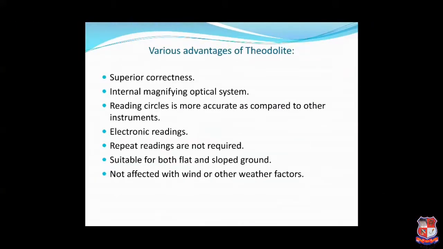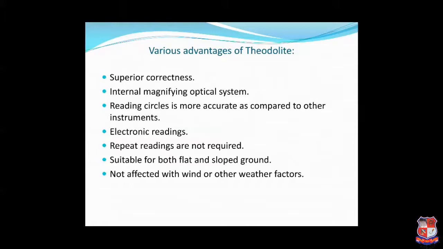So what are the various advantages of the digital theodolite? Its superior correctness: it is a quite accurate measuring instrument. Internal magnifying optical system: an advanced system of optical glass built into the telescope for further and more focused surveying. Reading circles are more accurate compared to other instruments.